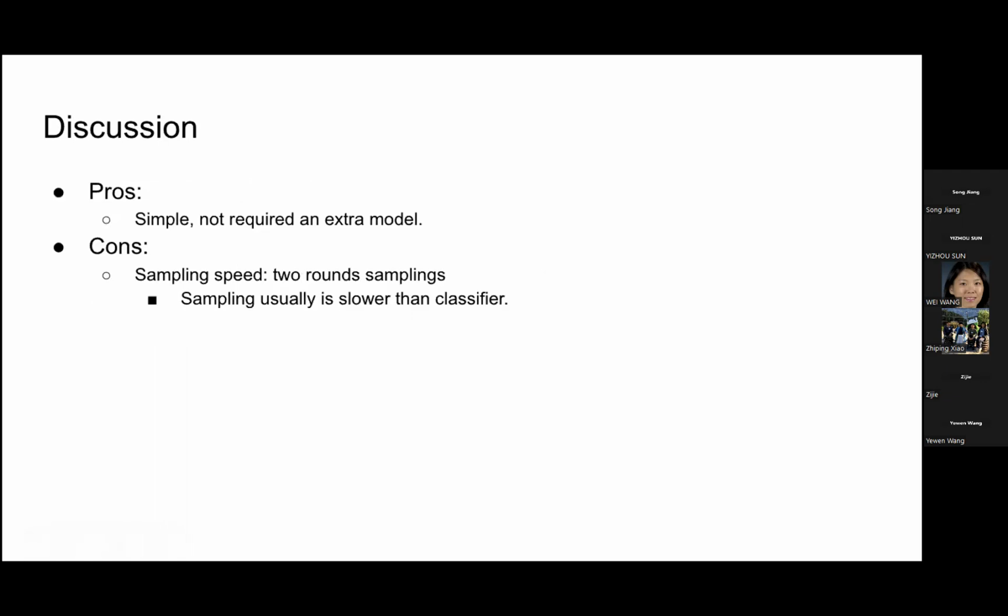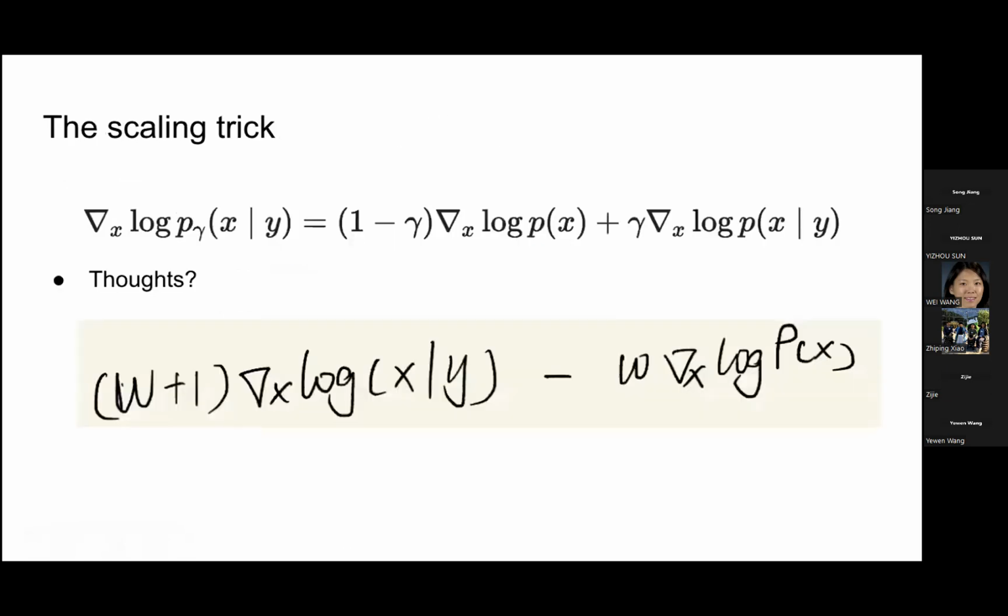Okay, questions? For the last one, there are two terms, right? One is after the time. Did they show any examples without the second term? I mean, without subtracting the second, because in the first one you already have both the X and the Y you want to condition on, right?